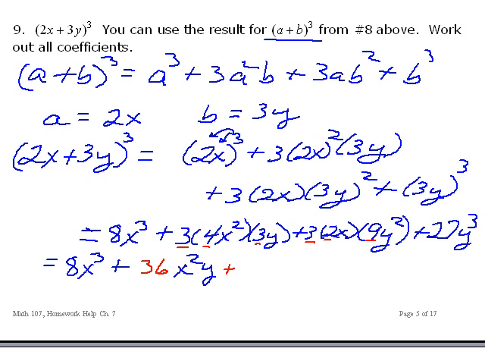Okay, so I get 54 in this case, xy squared. And now here's my last term, 27y cubed. Notice the nice symmetry we have up here, which you might recall from Pascal's triangle, the 1, 3, 3, 1. Once you get these coefficients onto the terms in the binomial, you lose all that symmetry. 8, 36, 54, and then 27.